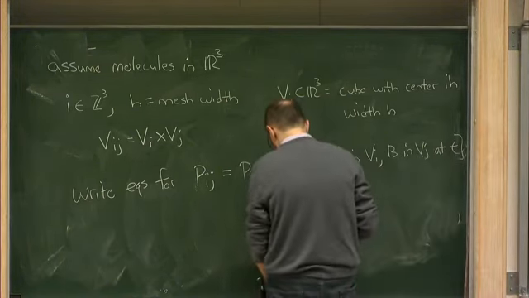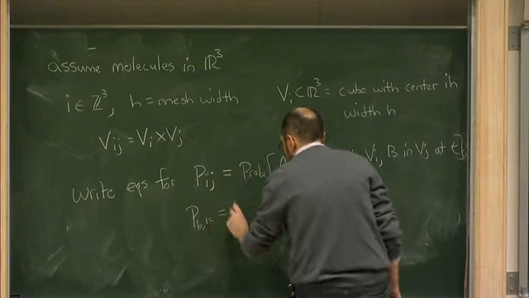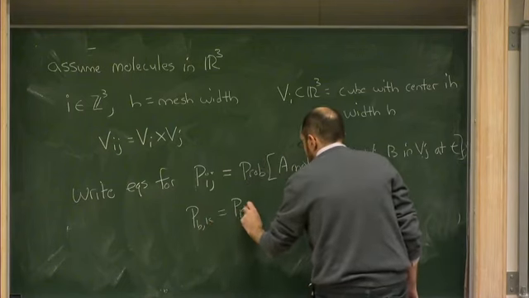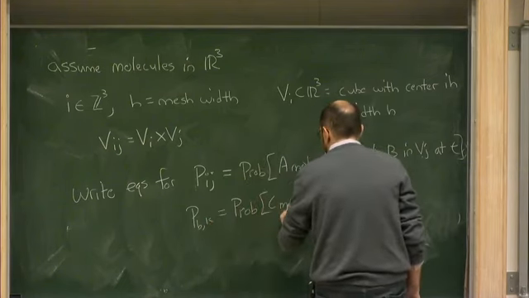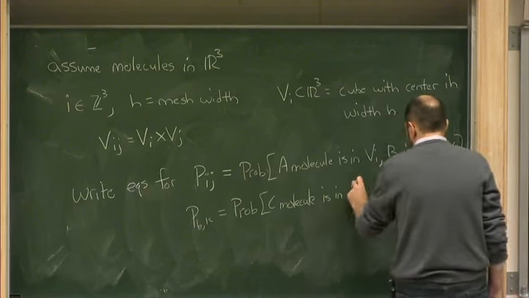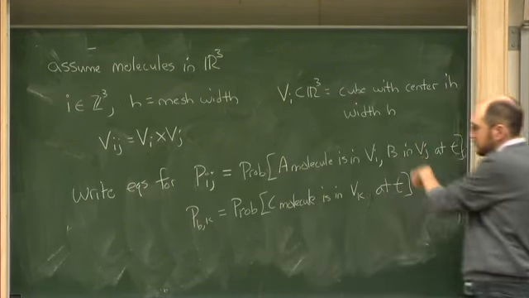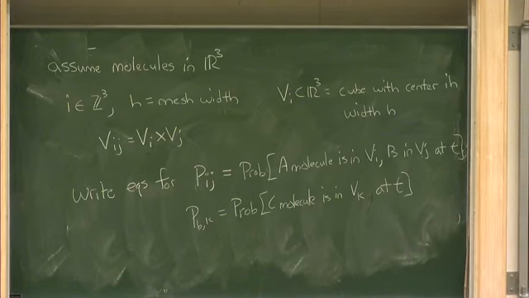And I'll call it, for consistent notation, Pbk, which will be the probability that my C molecule is in Vk at time t. And of course, these are mutually exclusive. You can only be in one of those two states. Okay? Is that all right with everyone?